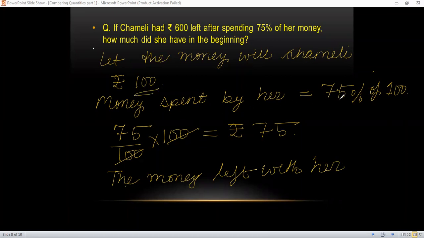Now 75% of 100 she has spent. So that means 75 rupees she has spent from 100 rupees. Now what is the amount of money she is having with her out of rupees 100?